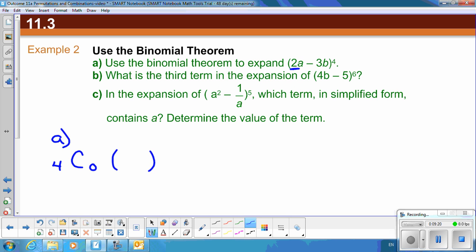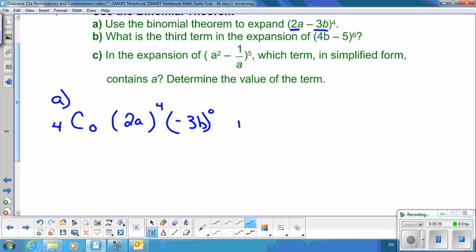The first term inside my brackets is going to be raised to the power of 4, so it becomes 2a all to the power of 4. The second term is negative 3b, and that is to the power of 0. So there's the first term.